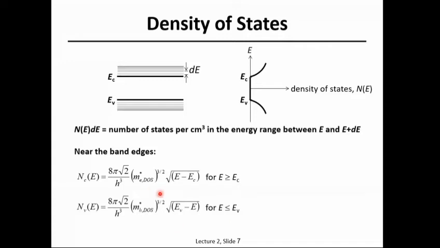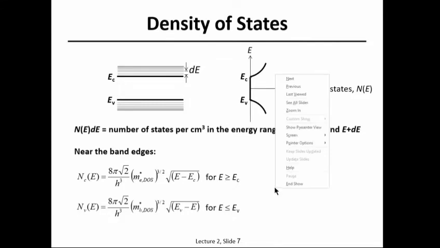Now these are the results, and sure, I will show you how we obtain these two equations from free electrons, since dealing with electrons inside the semiconductor is very complicated.